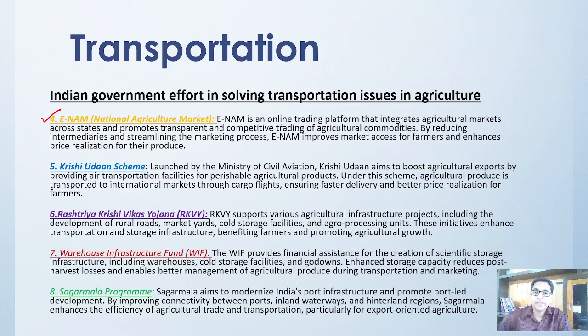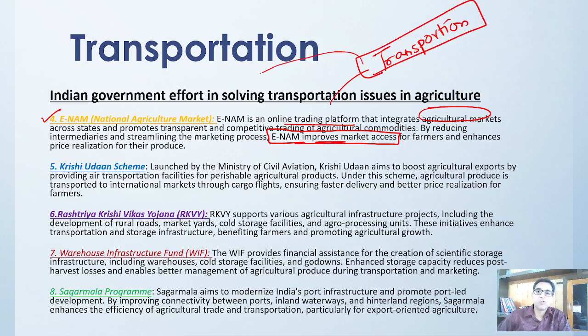The government is running an online trading platform which will integrate agriculture markets so that proper bidding can take place, and ENAM improves market access only because proper transportation is there. So the government is running all these projects. I wanted to put ENAM here because transportation will be the main criterion if the farmer wants to take proper help of the ENAM portal.